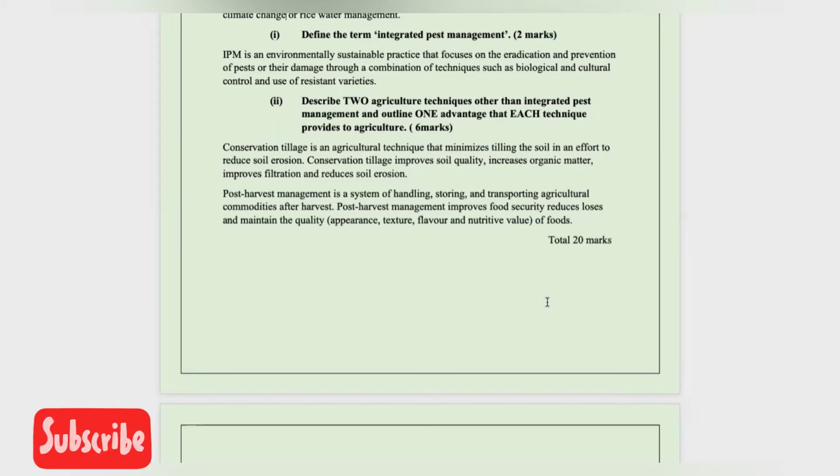So apart from IPM, we also spoke about conservation tillage and post-harvest management in class. Conservation tillage, as the name suggests, is conserving how you till the soil. So you're minimizing the tilling of the soil. So in turn, conservation tillage improves soil quality, increases organic matter, improves filtration, and reduces soil erosion.